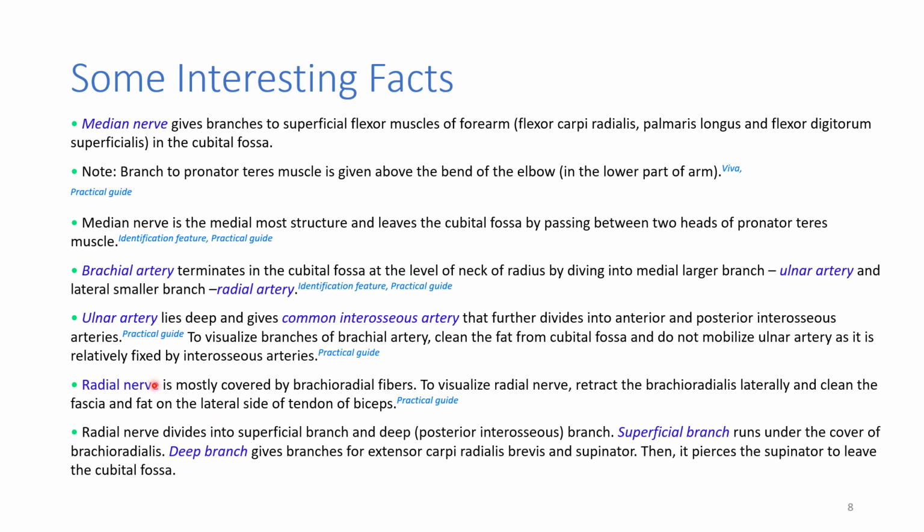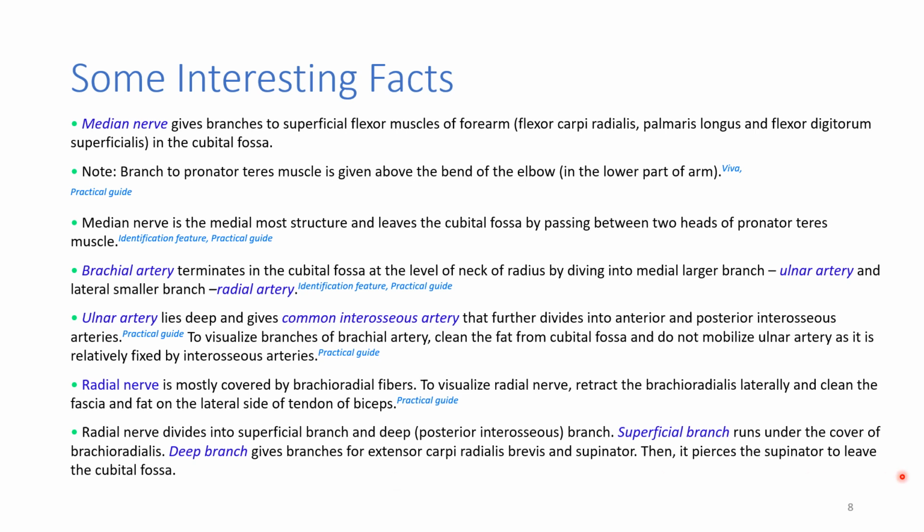Then the radial nerve, which is the lateralmost structure of the cubital fossa, is mostly covered by brachioradialis fibers. To visualize the radial nerve, you have to retract the brachioradialis laterally and clean the fascia and fat on the lateral side of the tendon of the biceps. The radial nerve divides into two, the superficial branch and a deep branch. The deep branch is known as the posterior interosseous nerve.